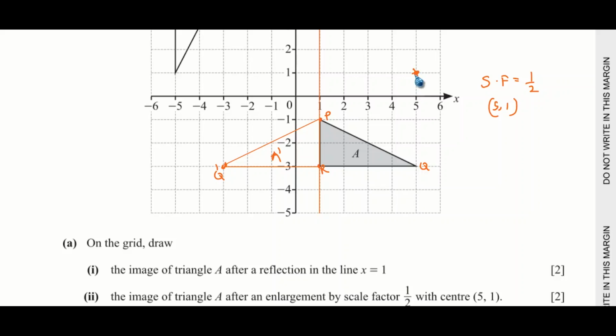From the center of enlargement, let's count to each of the points of shape A. Let's start from the center of enlargement and count to point P. Let's see the steps.